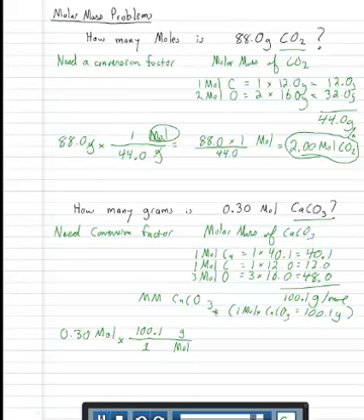And again, notice the unit moles cancel out because we want to calculate how many grams. That's the question. And I can calculate that out, and that is equivalent to 30.03 grams. That's pretty easy. It's just the moles times the molar mass, like we talked about in the triangle, if you're doing it that method.